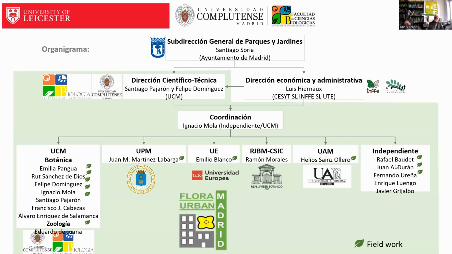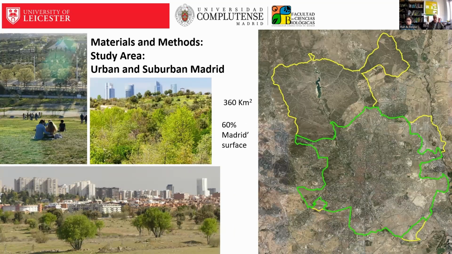I don't know if you can see the mouse. Yeah, this is the whole city council border, and we were working just in this part in the green color. We didn't work in this yellow part because it's a very important natural area.